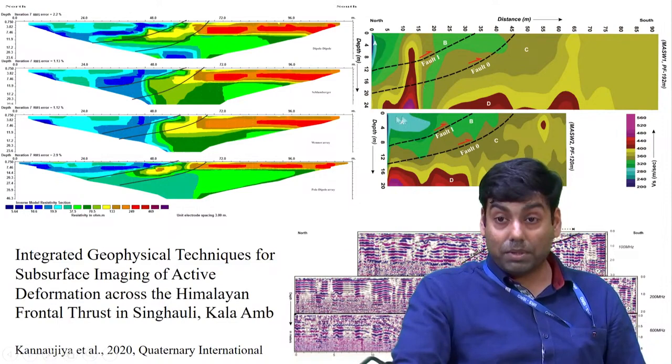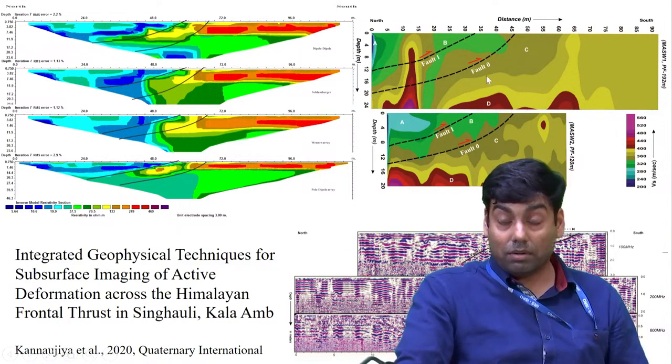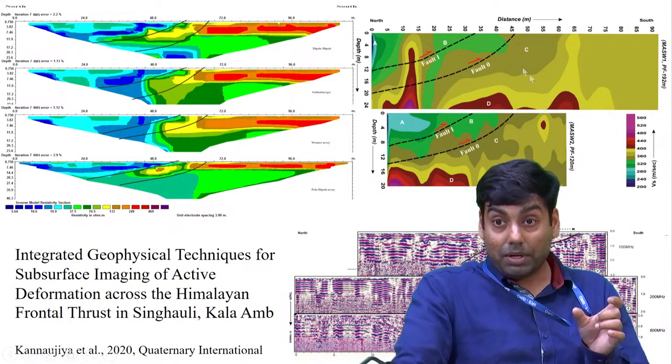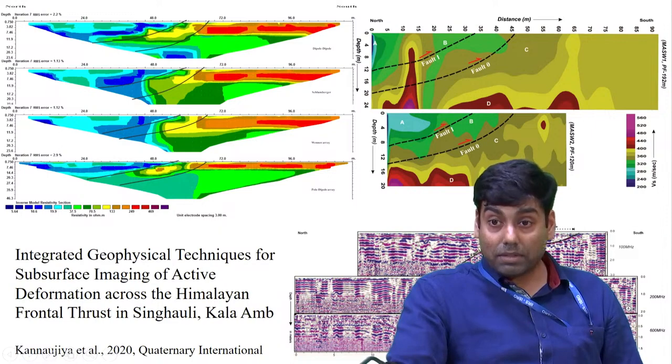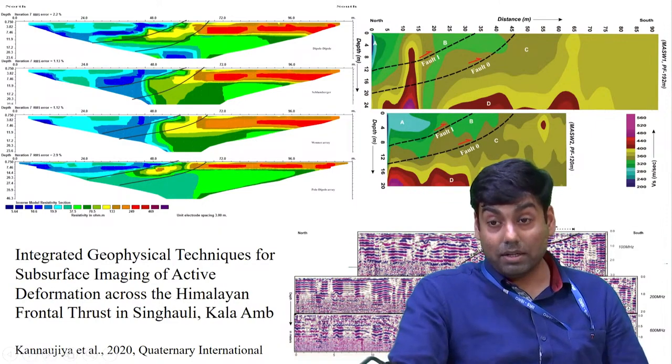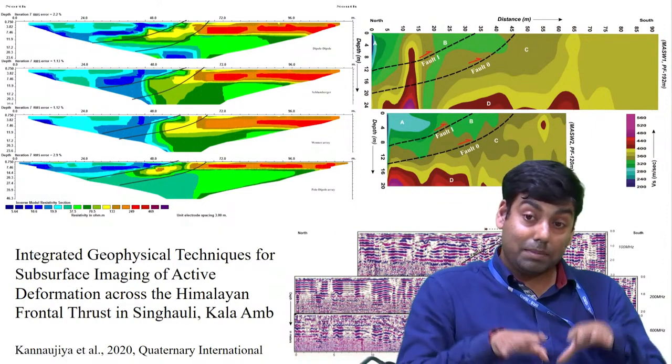So this clearly confirms the presence of the fault, in this more spatial GPR and then the less spatial geophone distribution. And in GPR as well, here you can see the offset, you can see the truncation, you can see the displacement.